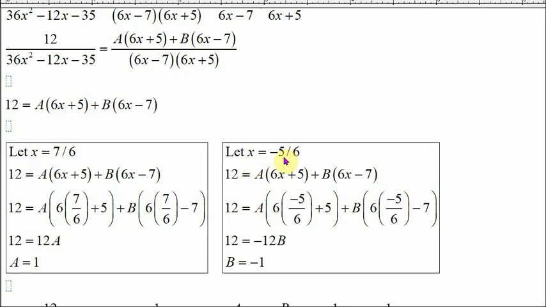And now let's let x be negative 5 sixths. So in the place of x, we have negative 5 sixths. This part will be 0, and then from here we'll get negative 12. So we have 12 is equal to negative 12b, so b is negative 1.